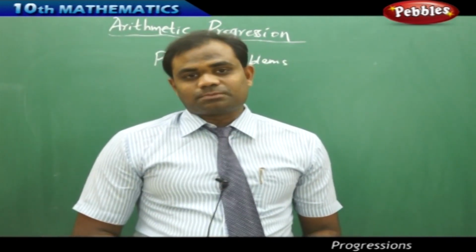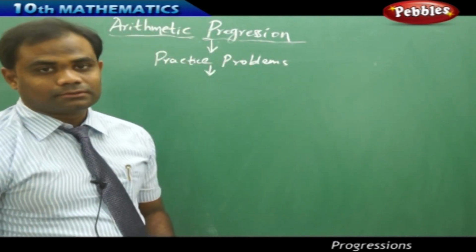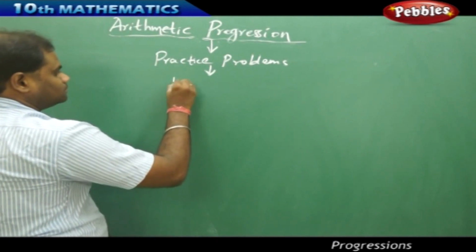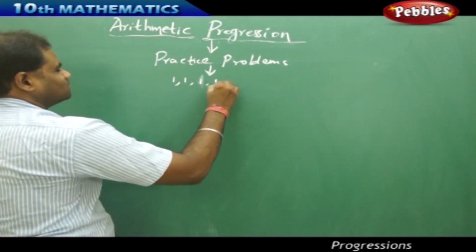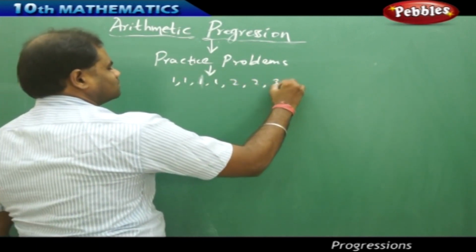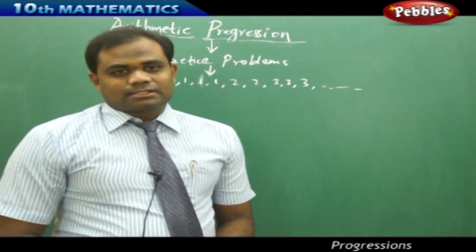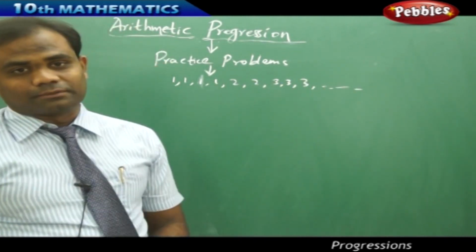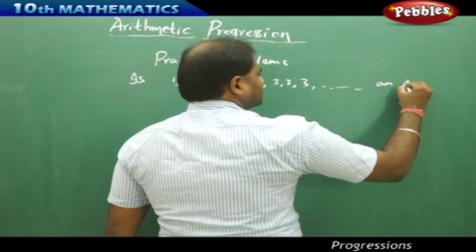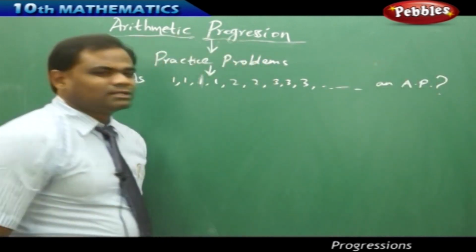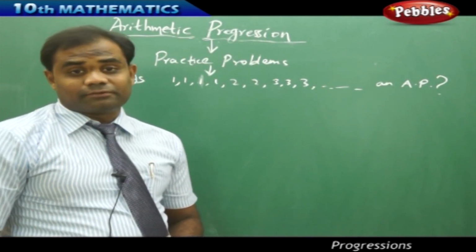So let's do some practice problems to study more further on arithmetic progression. To start with an example problem, the question is: is this an arithmetic progression? Then how do we identify? Initially, I start with finding the common difference.